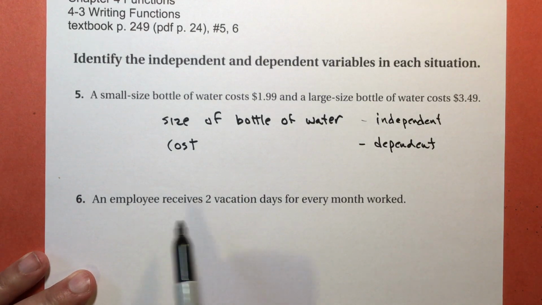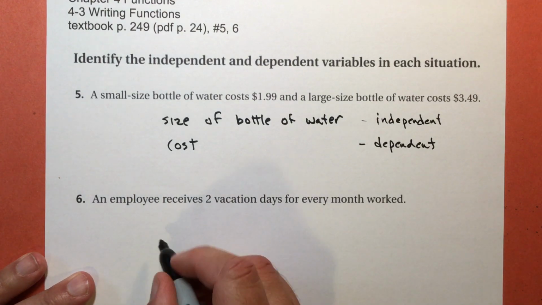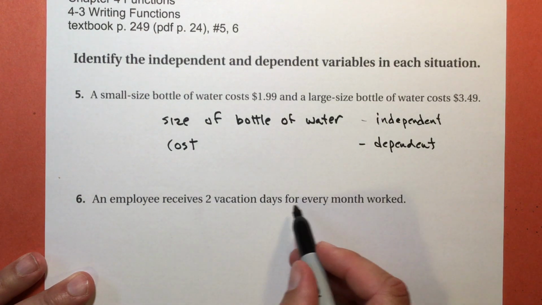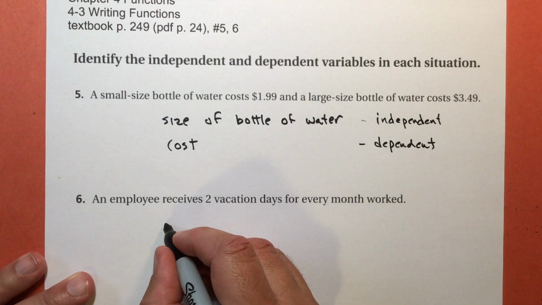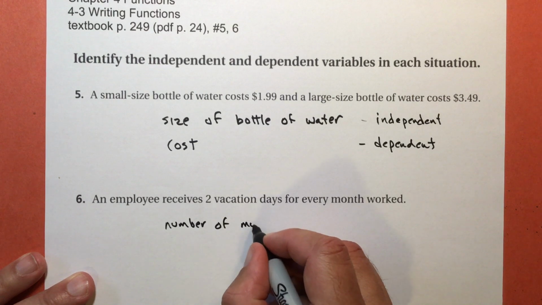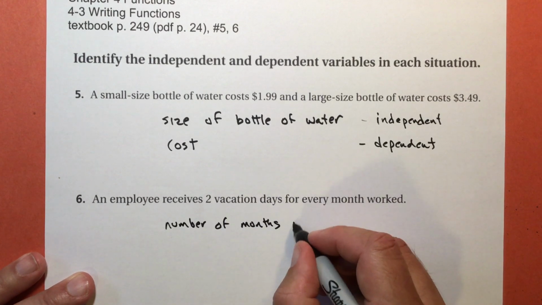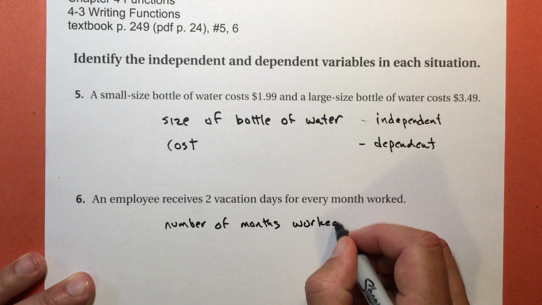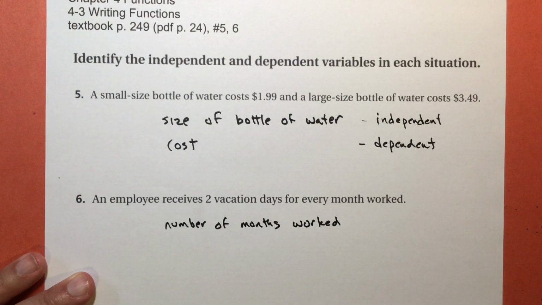In this case, what am I counting or measuring? So I have, it says for every month worked, I have the number of months that the employee has worked at that business or store, whatever it is.